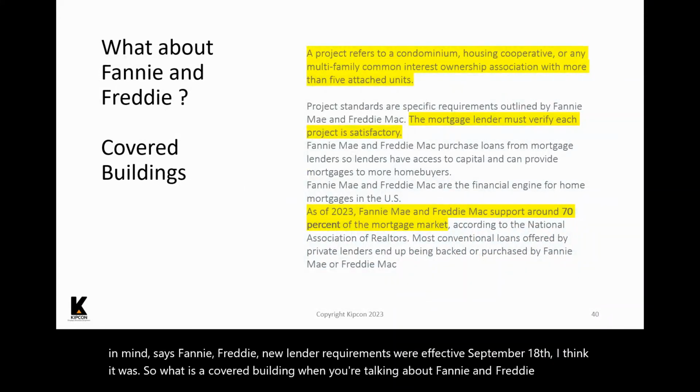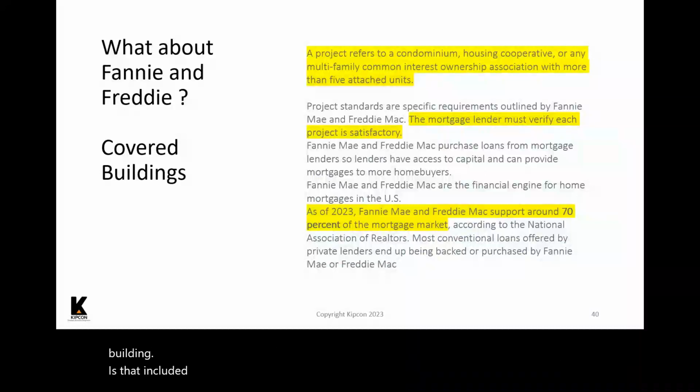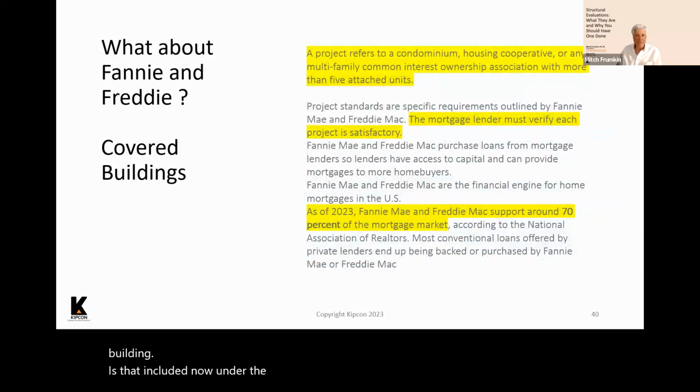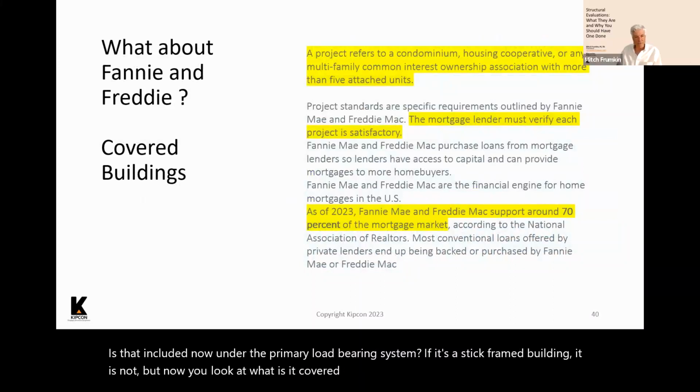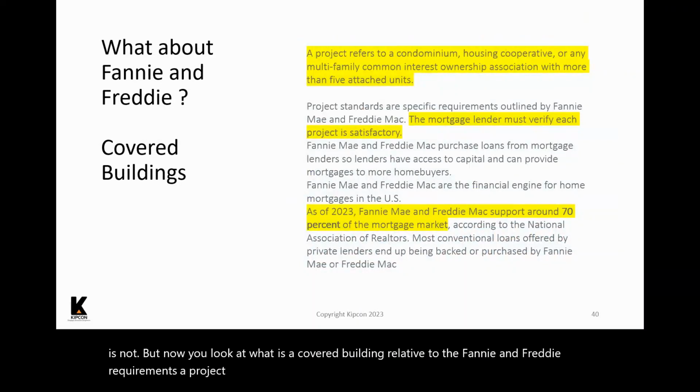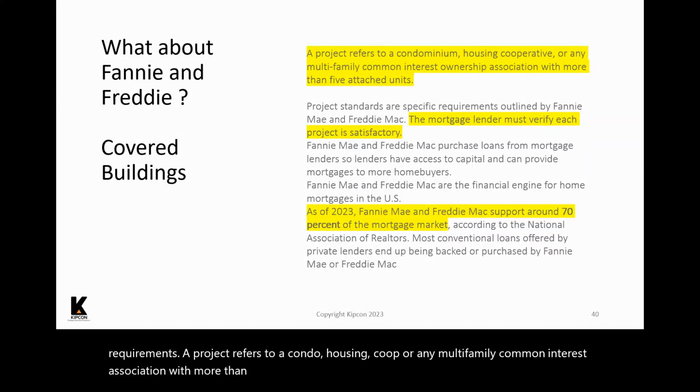We talked about, and this goes back to the question from a while ago, a two-story building: is that included? Under the primary load-bearing system, if it's a stick-framed building, it is not. But now you look at what is a covered building relative to the Fannie and Freddie requirements. A project refers to a condo, housing co-op, or any multifamily common interest association with more than 5 attached units.